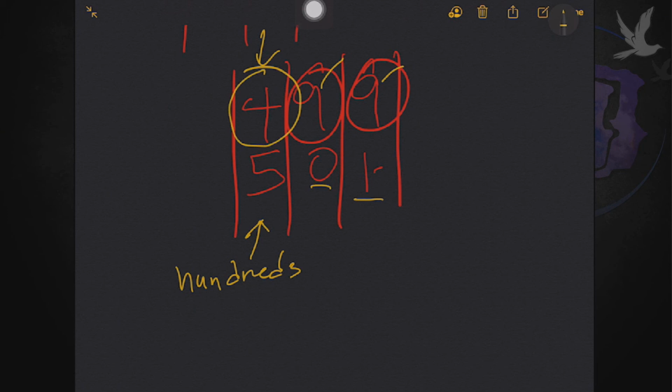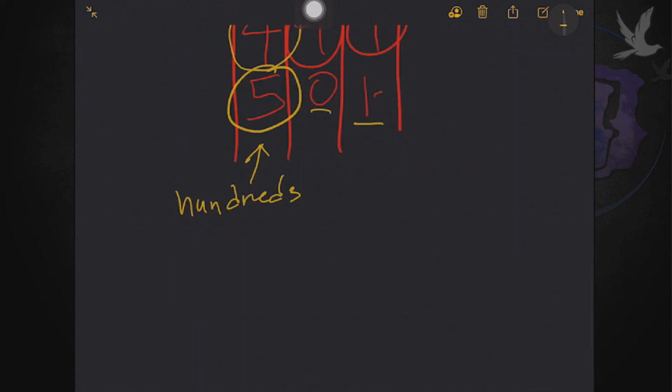And if you observe the numbers, we have 4 and 5. Which is greater, 4 or 5? If you're going to count again, 0, 1, 2, 3, 4, 5. Obviously, 5 goes after 4. So we can say that 5 is greater than 4.